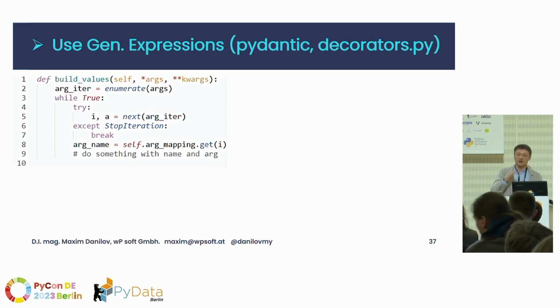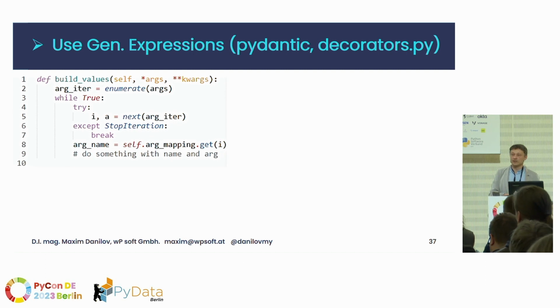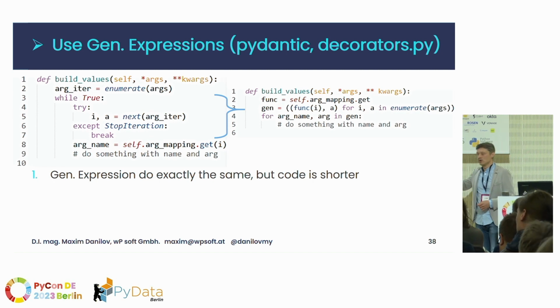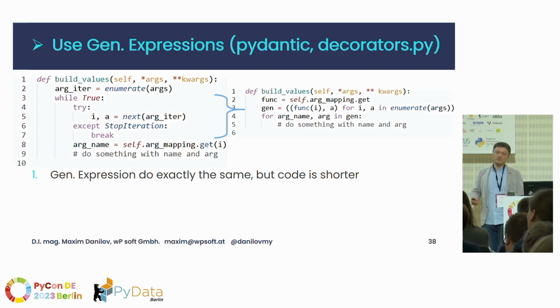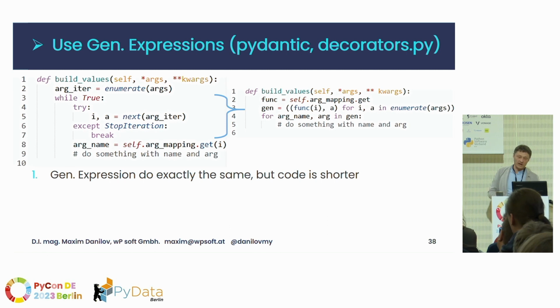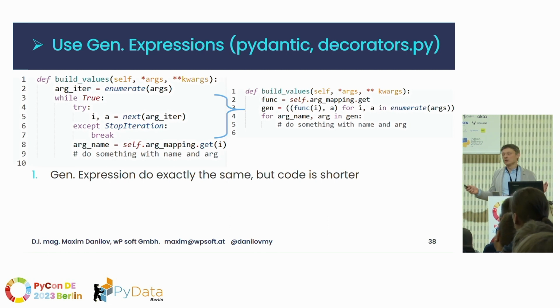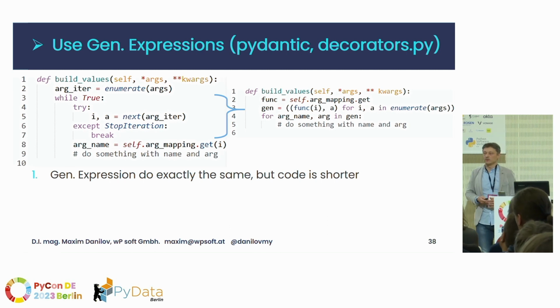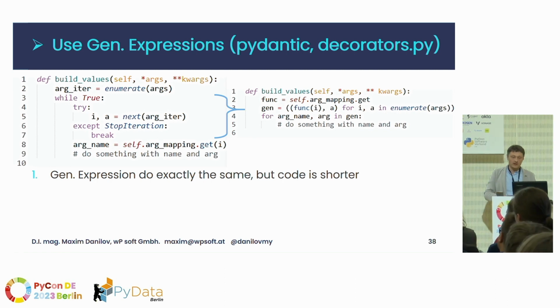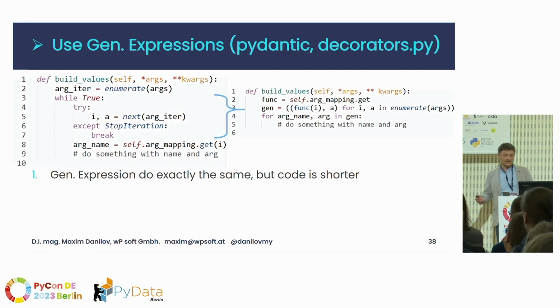For example, code from the pydantic library, and here you can see in this block, generator expressions do exactly the same as what was written in pydantic. I don't know why a developer from pydantic wants to write more code than enough. But a generator expression does exactly the same.